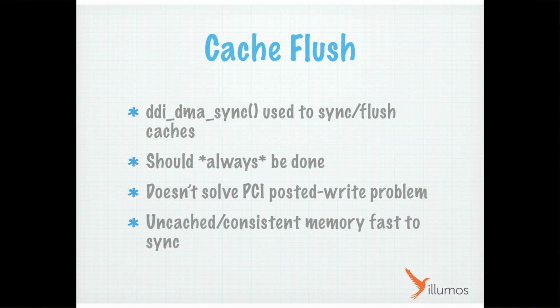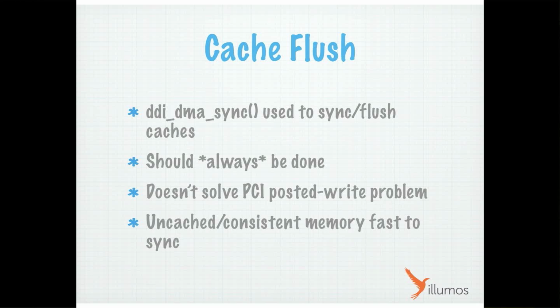I would like not to have to do that, so it's best if I can tell the system how I'm going to use the memory. I'm going to use it with this device, so do it that way. A lot of times you can't do that if you're dealing with things coming from elsewhere in the system, but when you can, do. Cache flushing is an area of lots of bugs.